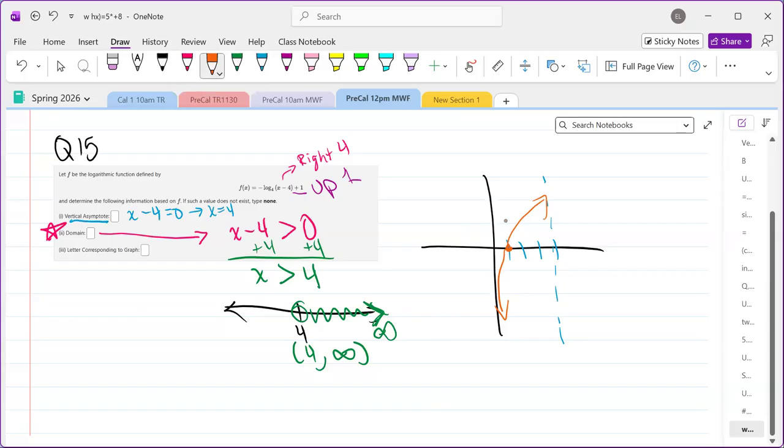To the right, it lazily shoots off towards infinity. Now, when I do my shifts, right 4 and up 1, my 1, 0 point shifts so that my new graph is going to have to go through the point 5, 1. And if I look at my graphs, there should only be one graph that goes through 5, 1.